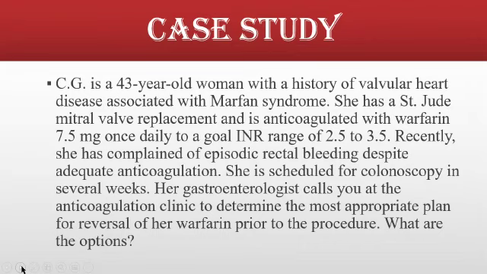But patients undergoing treatment with anticoagulant drugs, like this woman on warfarin, have an international normalized ratio in the range of 2.5 to 3.5. That's why warfarin is given to her, in order to maintain the INR between 2.5 and 3.5.